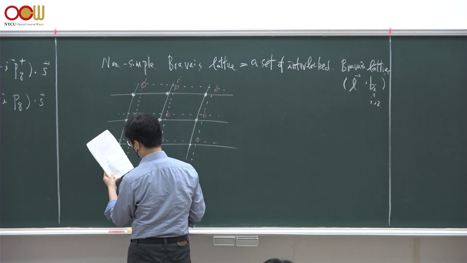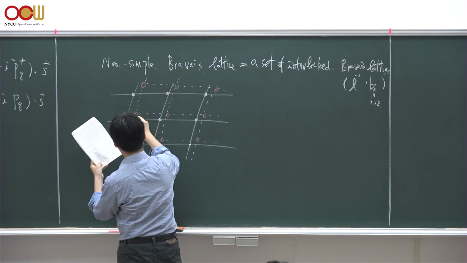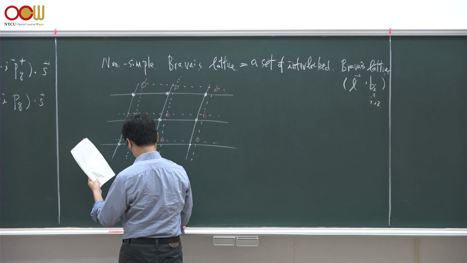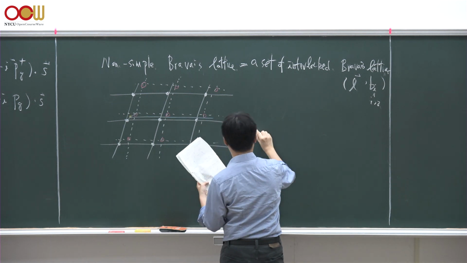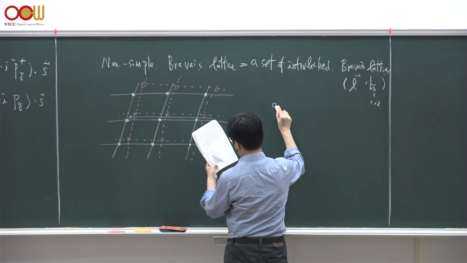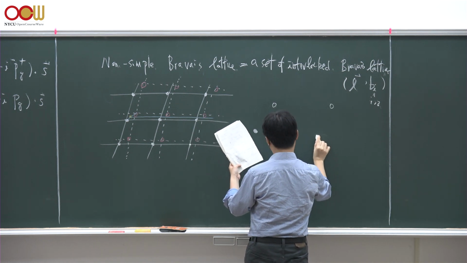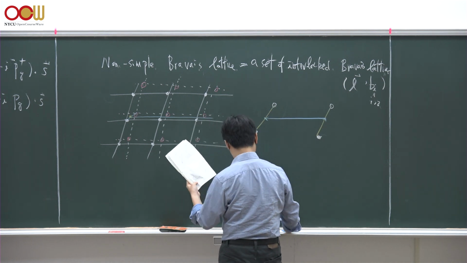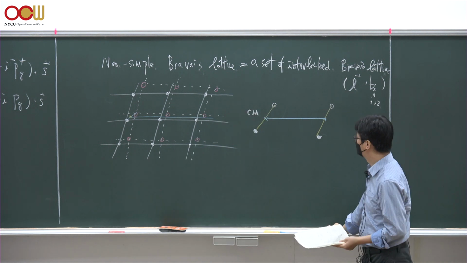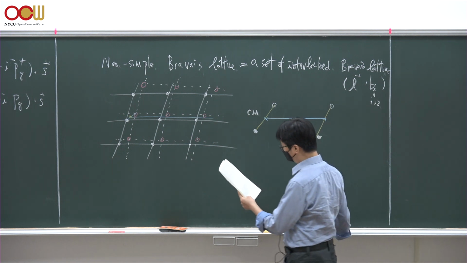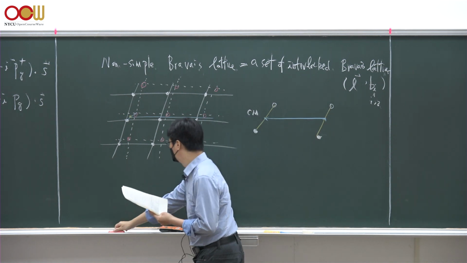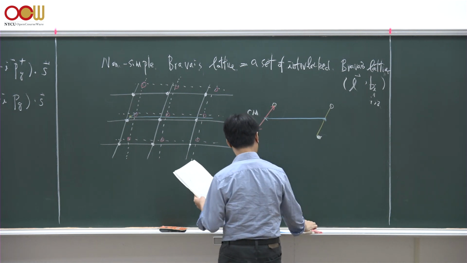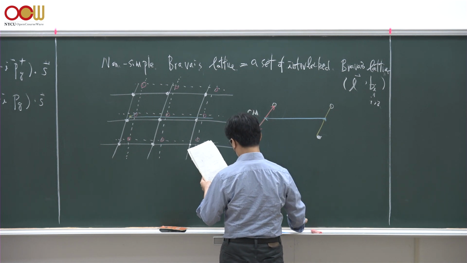And you could define a center of mass somewhere in the middle. Let me magnify this set of two interlocked Bravais lattices. You can define the center of mass of these two interlocked lattices, and there are two vectors that connect from the center of mass to the two different sublattices.